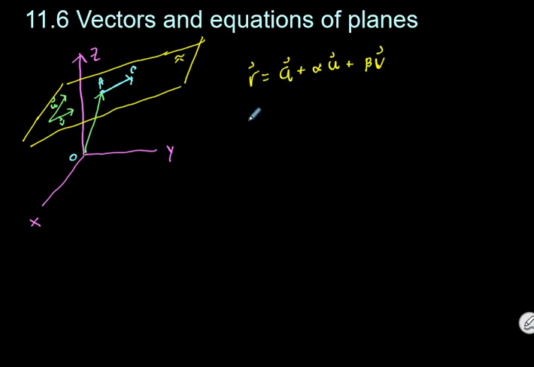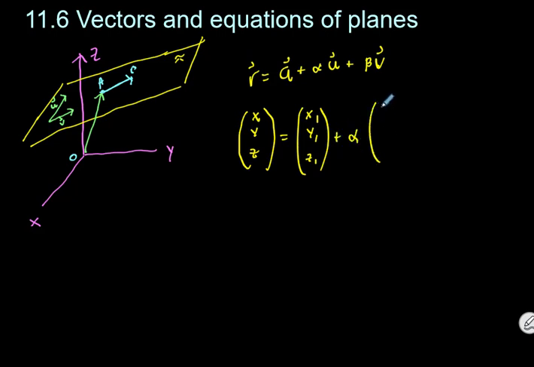Where vector R, we can let that be some point x, y, z, right? And we'll let vector A be a position vector, and we'll call that x1, y1, z1. That will correspond to the exact points there, since that's the position vector. And then after this, we're going to have some scalar alpha, and we'll let U, like we've done before, be U1, U2, U3, plus scalar beta, and then V would be V1, V2, V3, right?